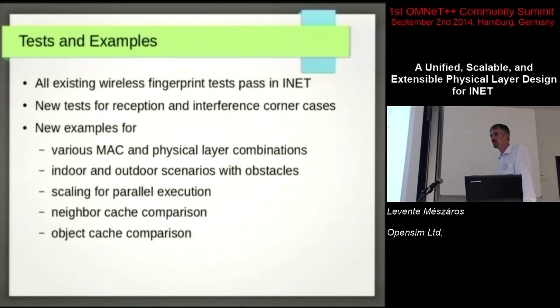If something goes wrong, then probably the fingerprint will be wrong. So it passes all the tests, so it's not worse than the previous implementation. Although there were certain bugs found in both, by the way, by comparing the fingerprint tests. And then we have some unit tests for the corner cases and some new examples that show, for example, different physical layer parameterizations with various MACs or some other things. That's not so important.